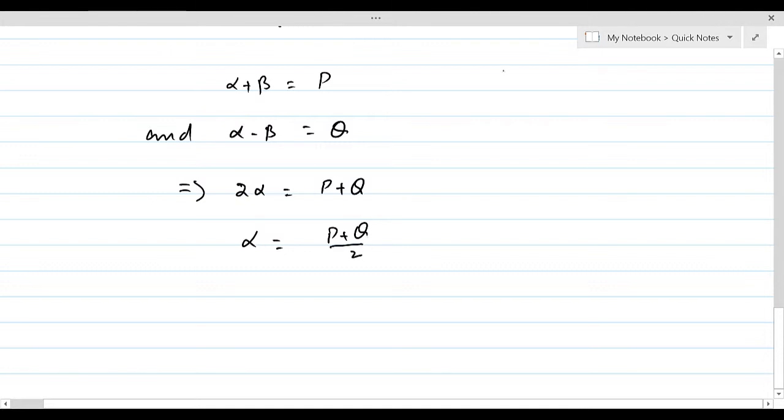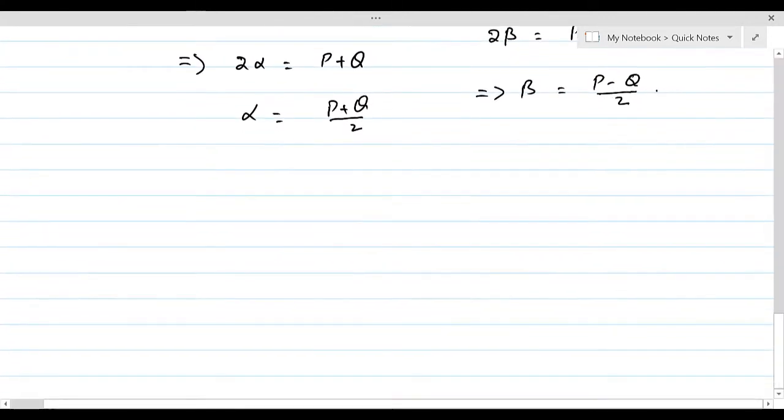And if we subtract alpha minus beta, we have 2 beta equal to P minus Q, which means beta is equal to P minus Q divided by 2.